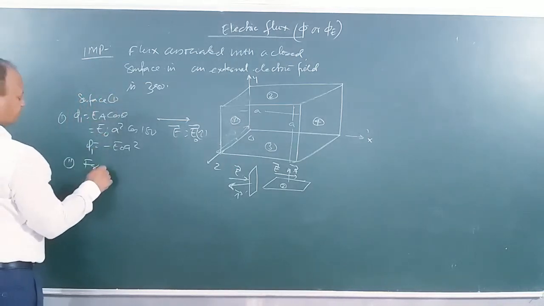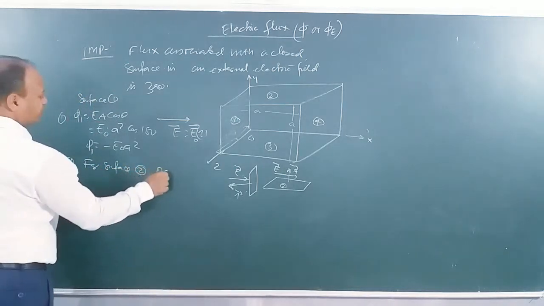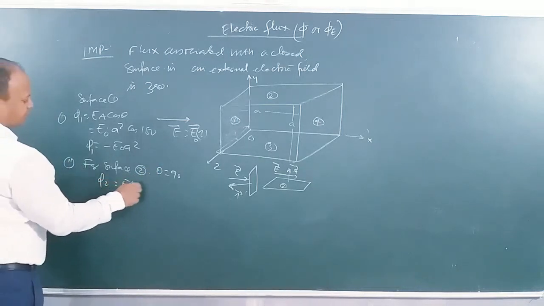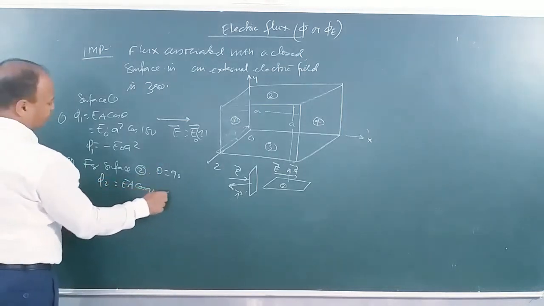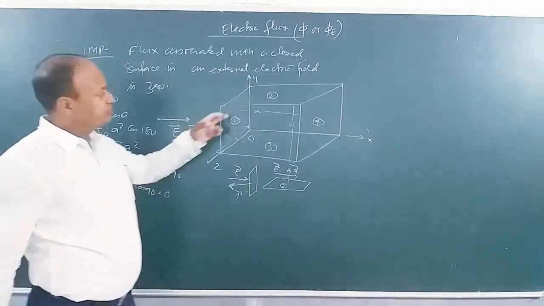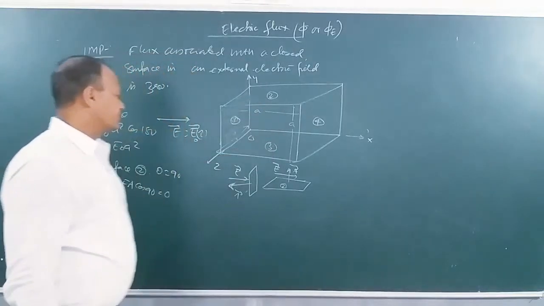For surface 2, theta will be 90 degrees. Then phi will be E cos 90. Cos 90 is 0. If you multiply it, you will get what? 0. Phi 2 is 0. So phi 3 will also be how much? 0.